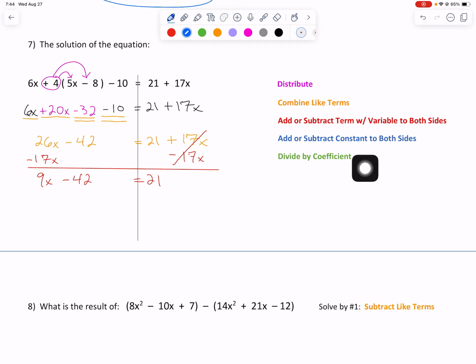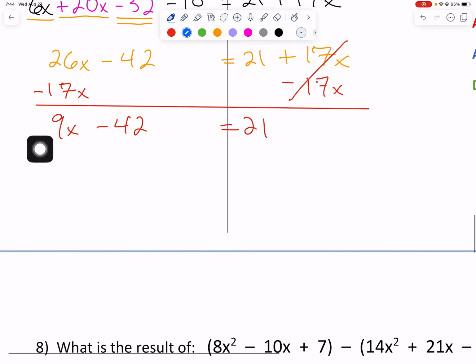We will add or subtract constant to both sides. And again, what's hanging out with the term with the variable? Here, number by itself. Over here, term with the variable needs to be, yes, by itself. 9x minus 42. Wonderful. It's a minus 42. So I should add 42 to both sides, guys? Exactly.